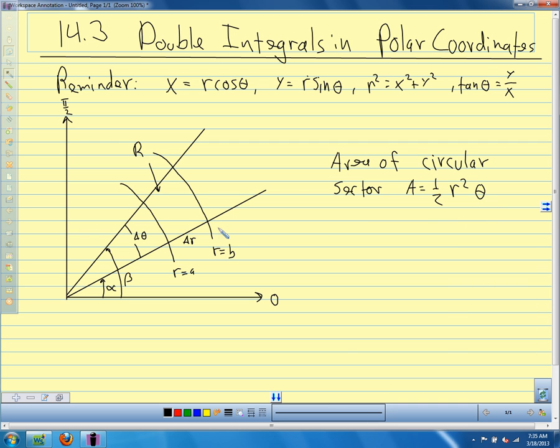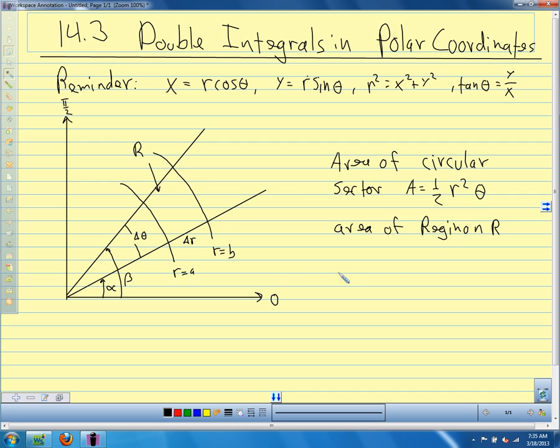And the area of our region here is going to be the difference in the areas of the circular sectors from r equals a to r equals b.